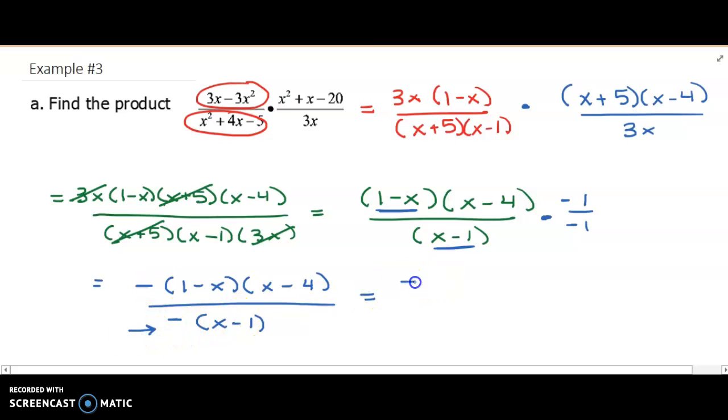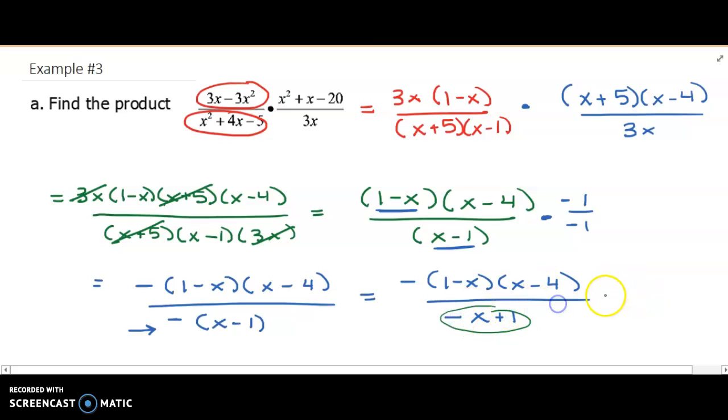Okay, now I'm going to leave this negative here in front, and I'm going to go ahead and distribute this through. So 1 minus x, x minus 4, and this becomes a negative x plus 1. Now I want you guys to recognize that negative x plus 1 can also be written as 1 minus x. So negative 1 minus x, x minus 4.